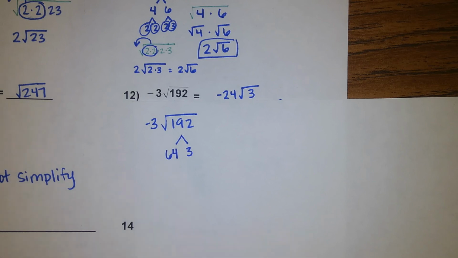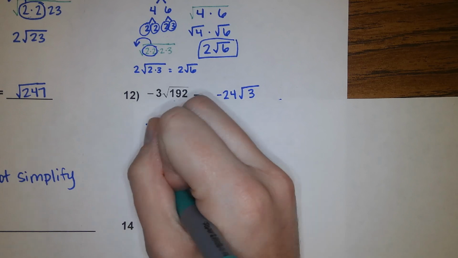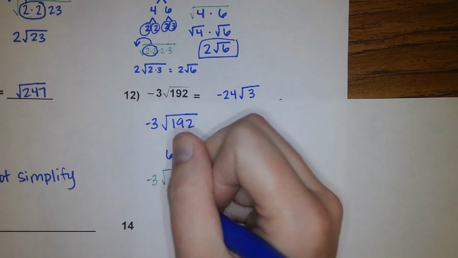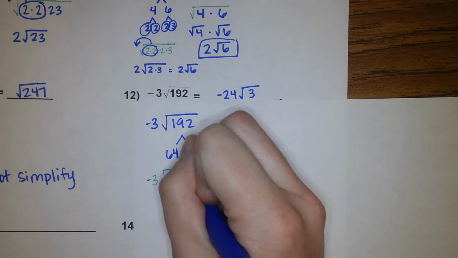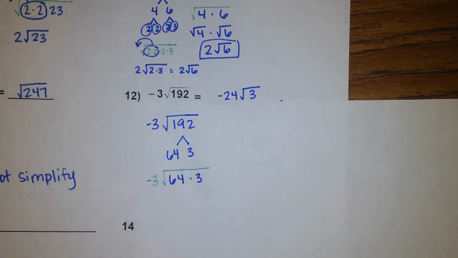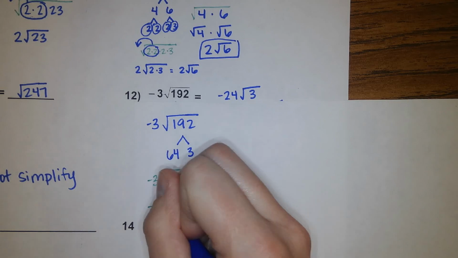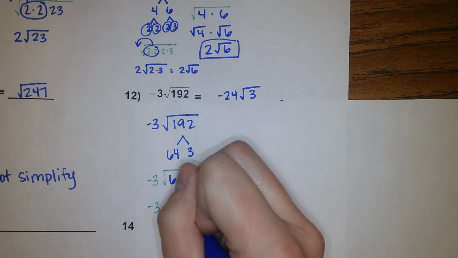And so if we were going to rewrite this radical, we could rewrite it as -3 radical 64 times 3, because those are the two factors there. And so we could rewrite it again, we could say, okay, -3 times radical 64 times radical 3.